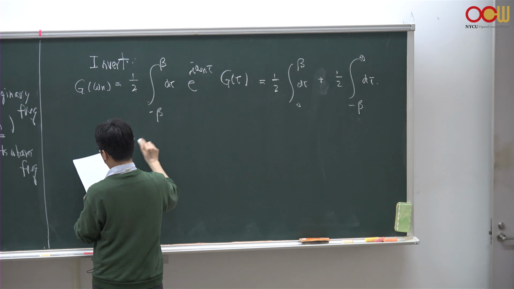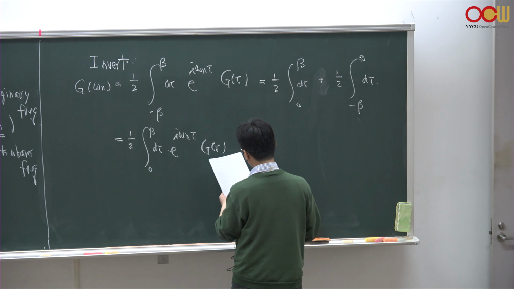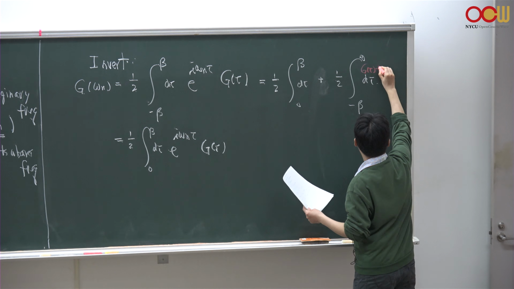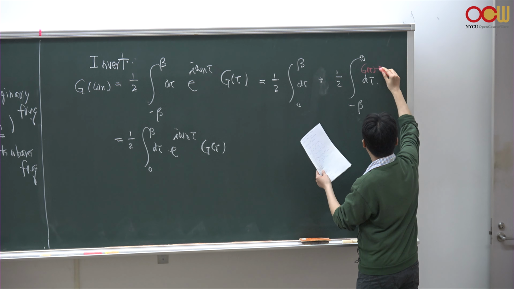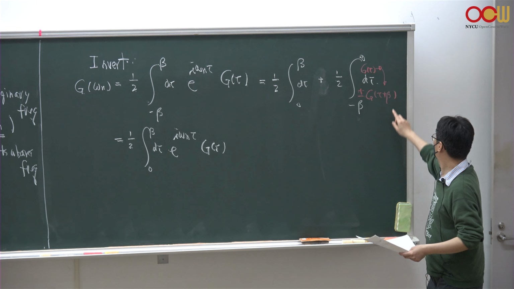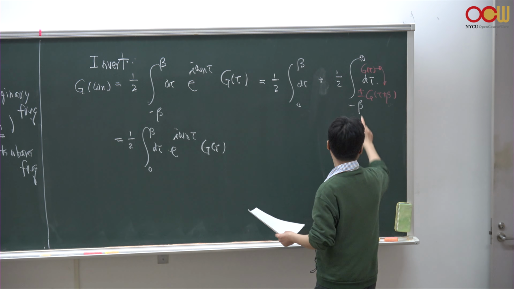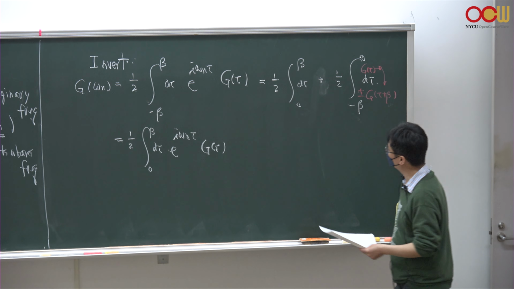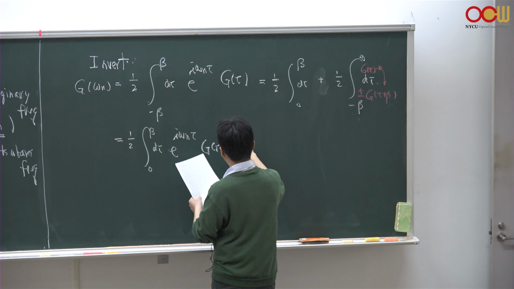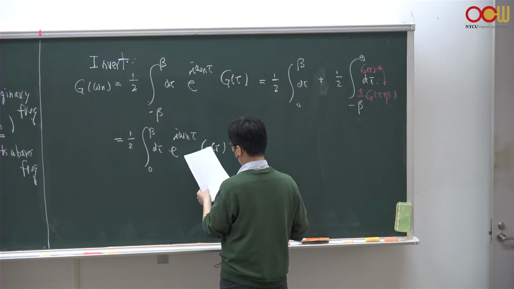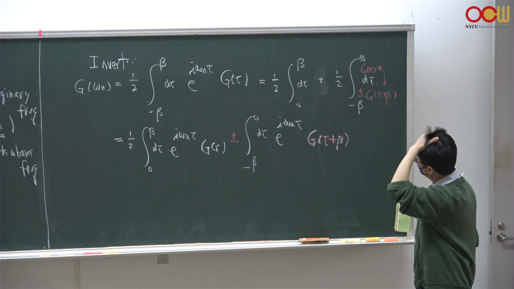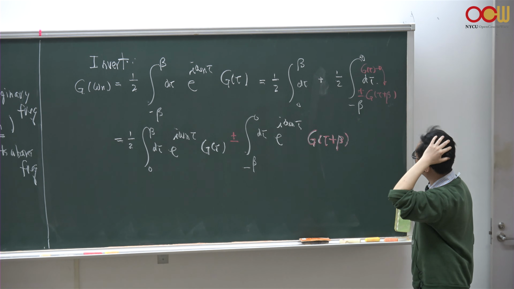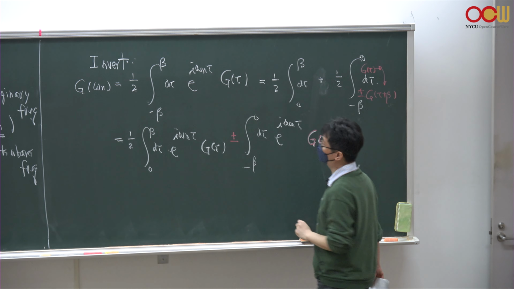So the first term is still the same, but for the second term, you could use the periodic or antiperiodic boundary conditions to shift your tau by beta. And then you should carry a plus or minus factor in front. So let me repeat this derivation one more time. This is the definition of this Fourier integral between minus beta and beta.